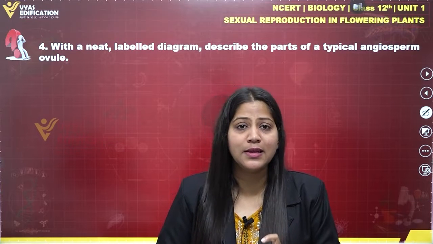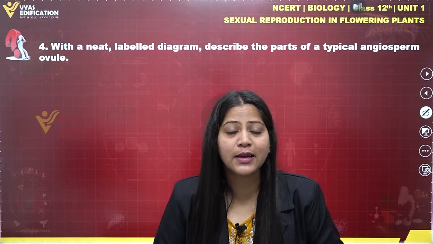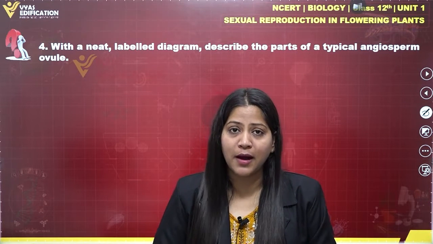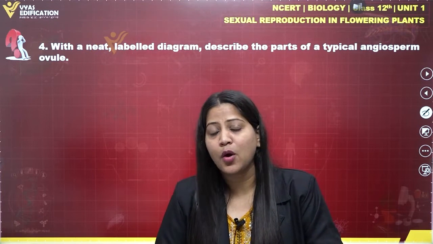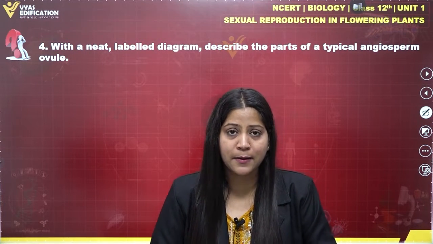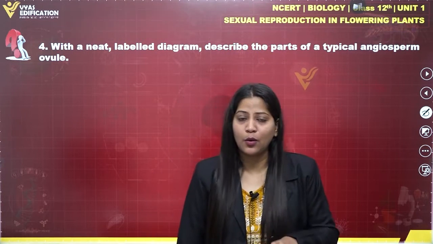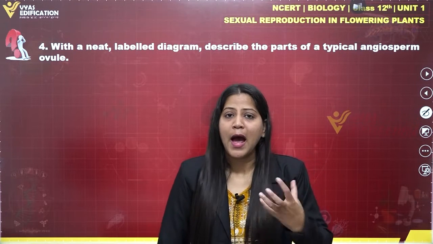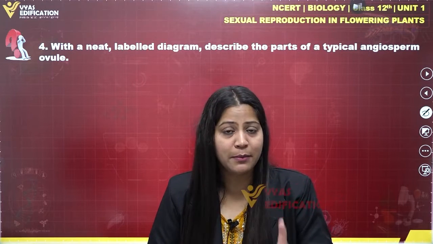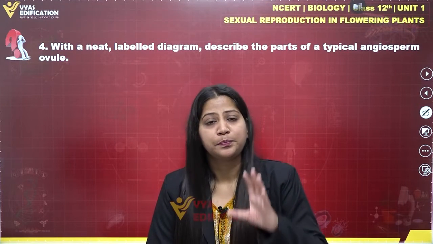That is why the seeds are called naked seeds, or the plants are termed naked seeded plants, because the ovule is not enclosed within any ovary in gymnosperms. But in angiosperms it is enclosed within an ovary.